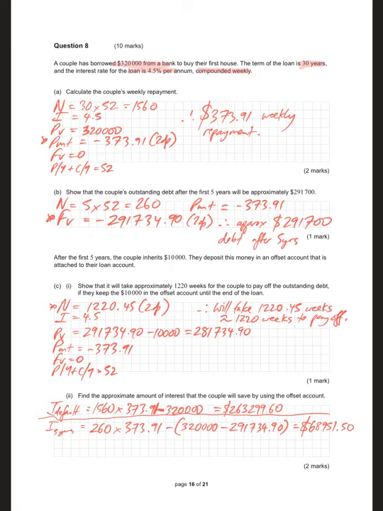And then the interest after the offset is going to be 1,220.45 payments of $373.91 minus the remaining debt, $281,734.90.